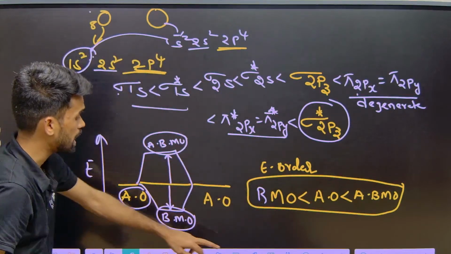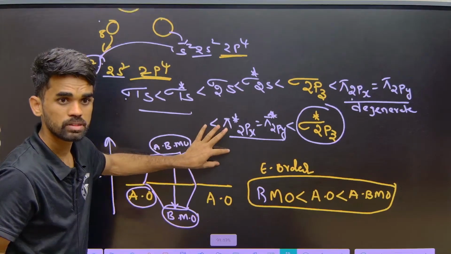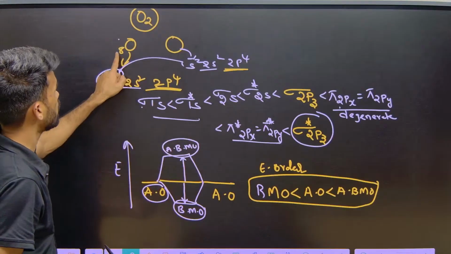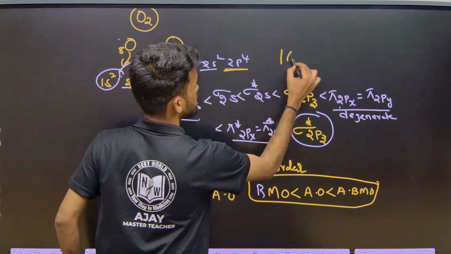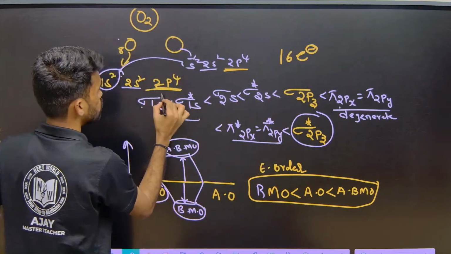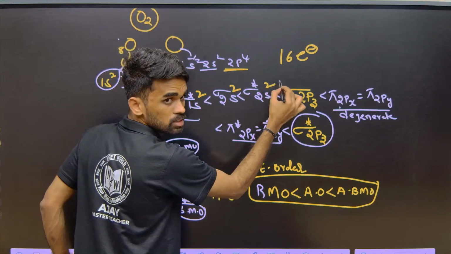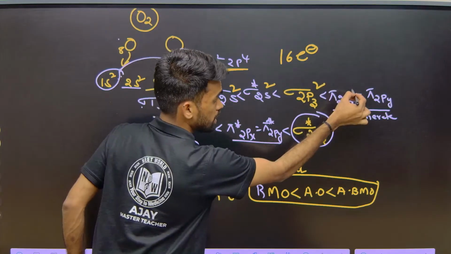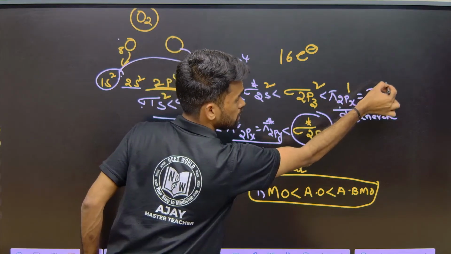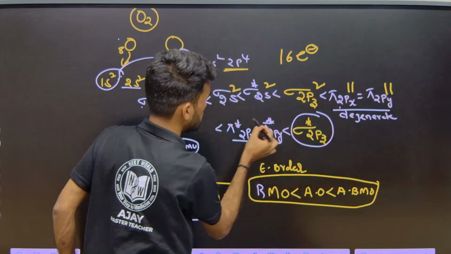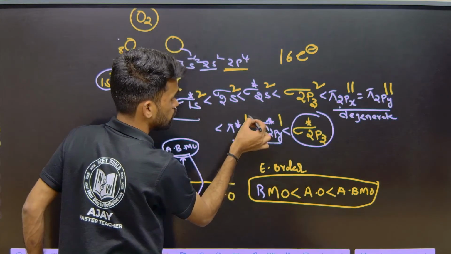Now fill the electrons as per the three rules. How many electrons do we have? 8 and 8, a total of 16 electrons. So 2, 4, 6, 8, 10. Here I am filling 9, 10, giving one electron each, then 11, 12, 13, 14, 15, 16.